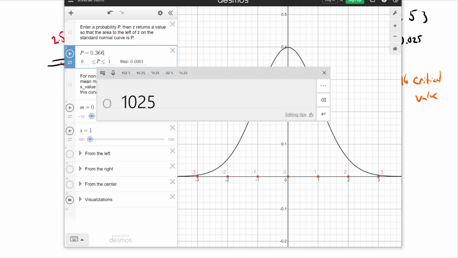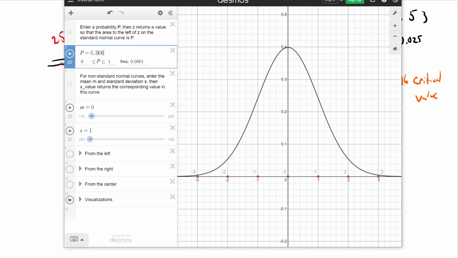Let's go ahead and type it in there. So this one is 0.025, and then we want to find for the left, just right here. And as you can see, the value gives us negative 1.95999 or 9964. So again, that still gives us our 1.96 for our critical value.